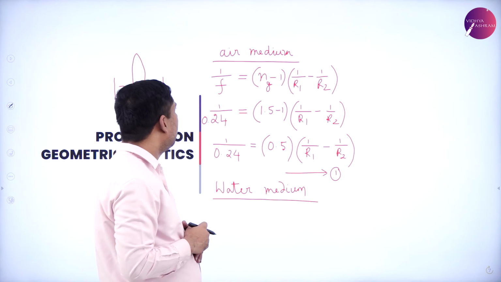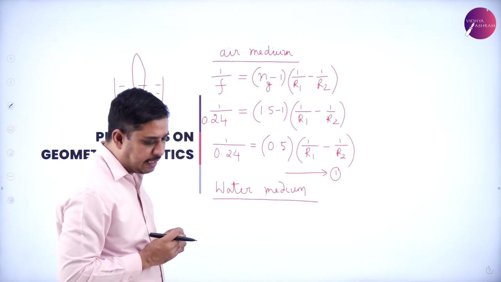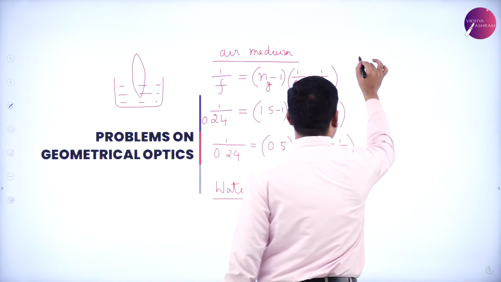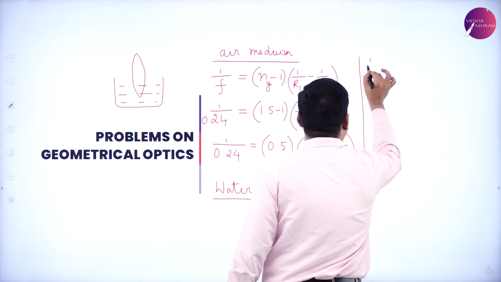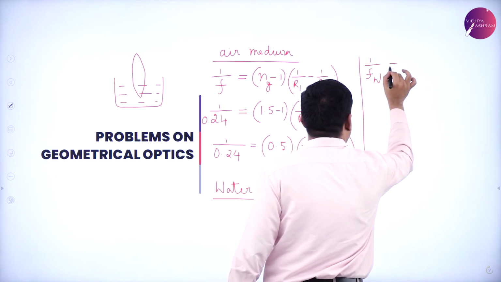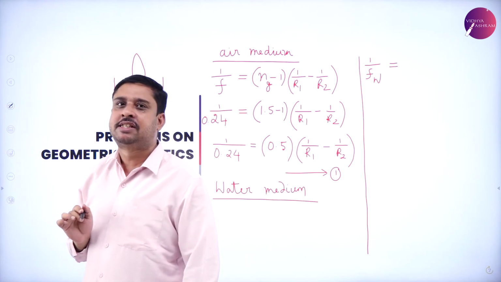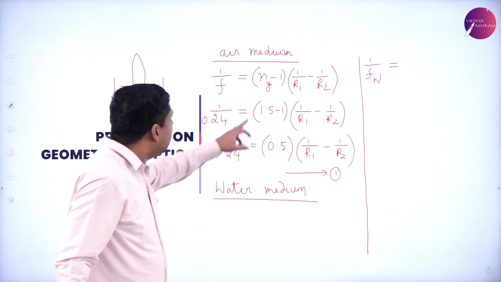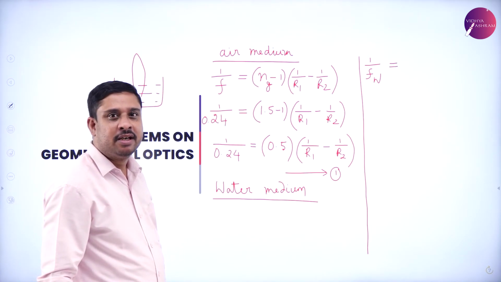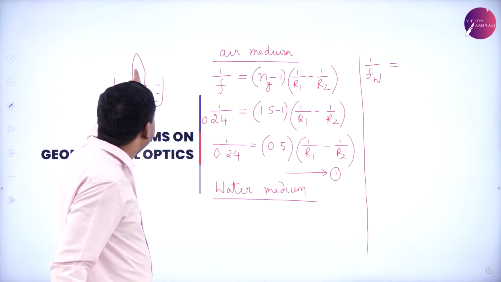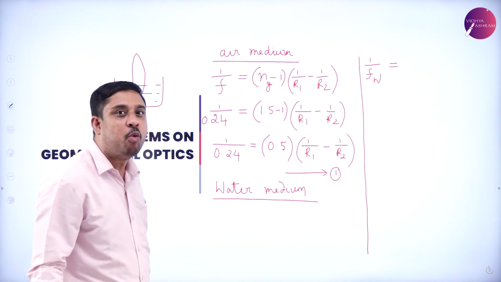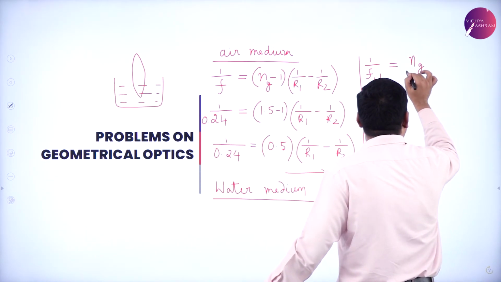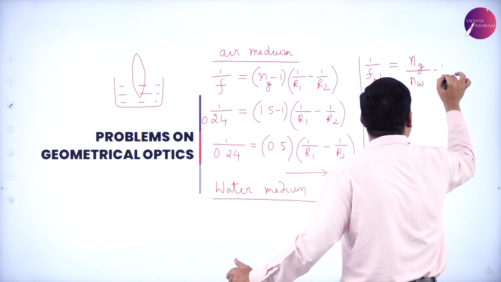Now, what will be the focal length? It is immersed in water. So 1 by Fw equals, Fw is the focal length inside water. Now what will be n? Observe carefully, glass immersed in water. So this becomes Ng divided by Nw minus 1.